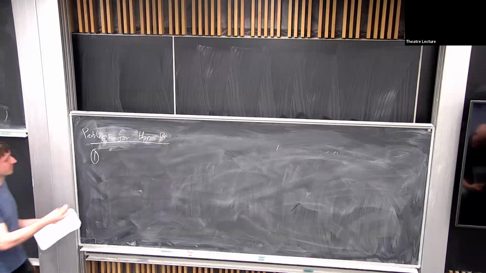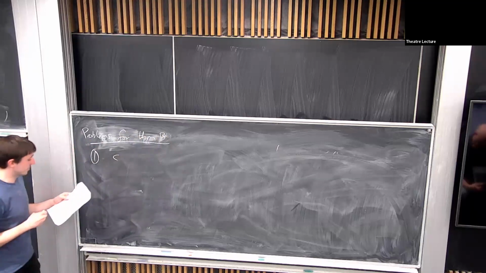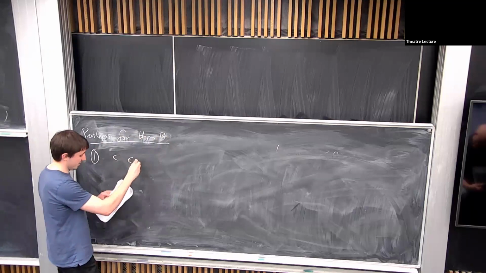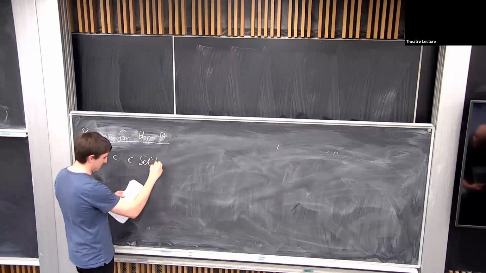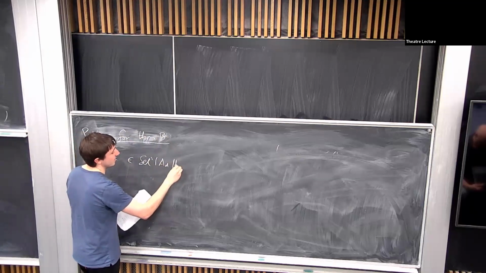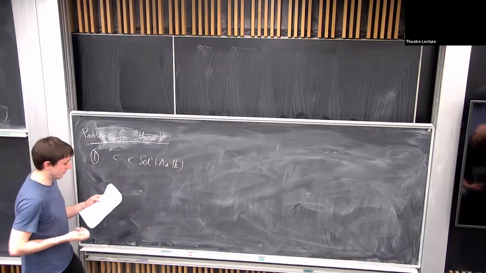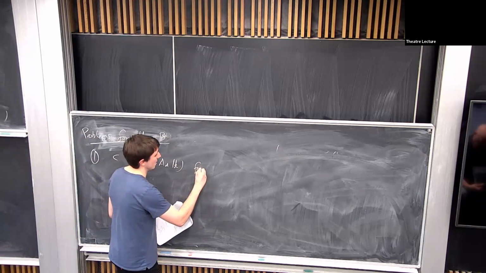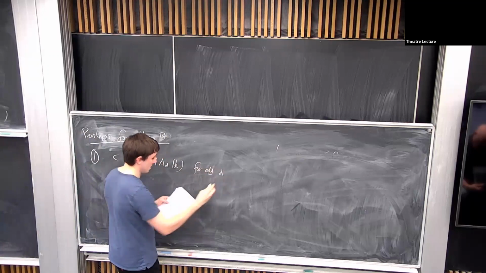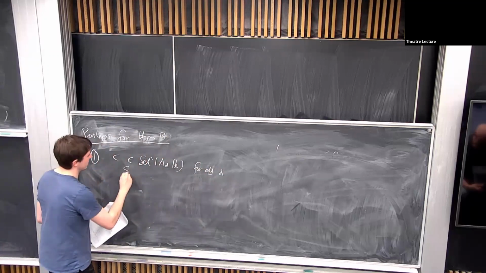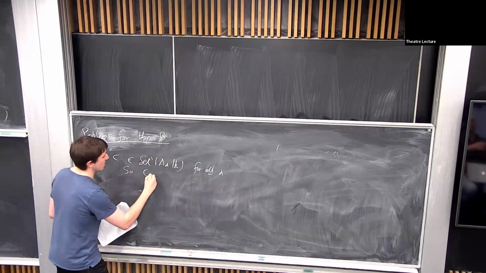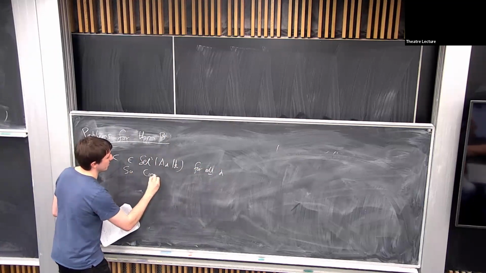So the first one is this class C, parameterizing quadratic refinements of the Weil pairing. You can show that this lies in the two-Selmer group of every single twist, so it's stuck inside all of these two-Selmer groups.